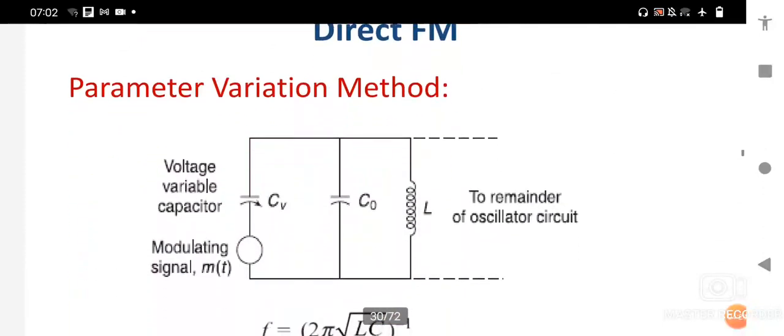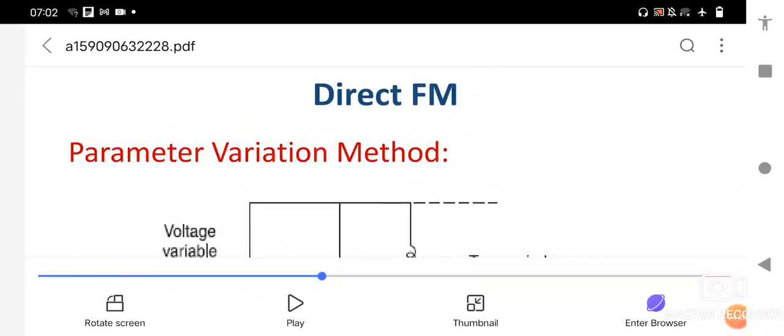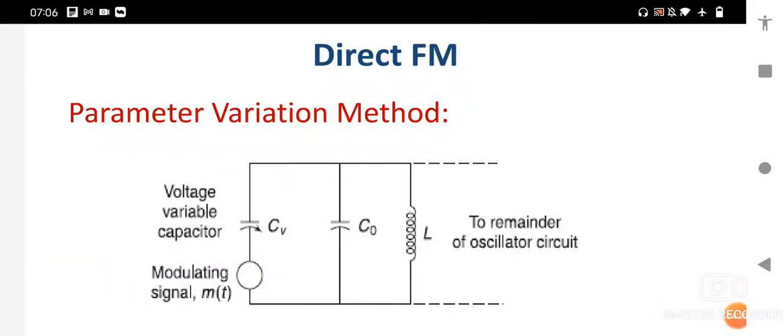The first direct FM method is the parameter variation method. To generate the FM wave in the direct method, the FM is generated by a VCO, that is a voltage controlled oscillator.